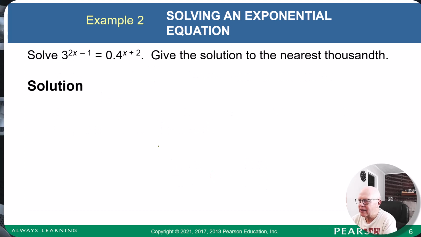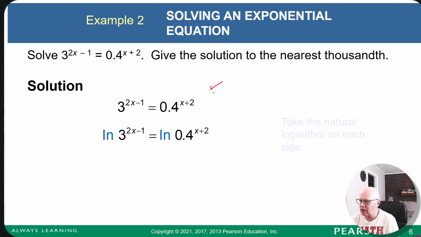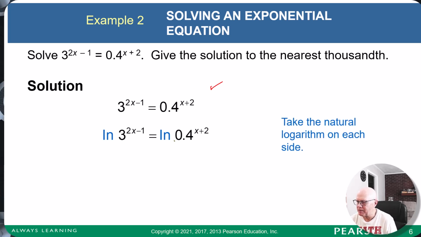Now, how do we get this one? Okay. First of all, make sure you write it down correctly. Check. Second, take the natural logarithm of both sides. And typically, it might be easier to use the natural logarithm most times.